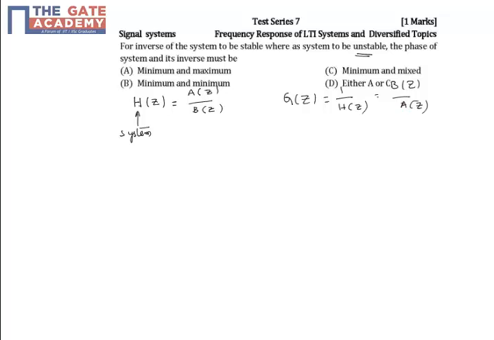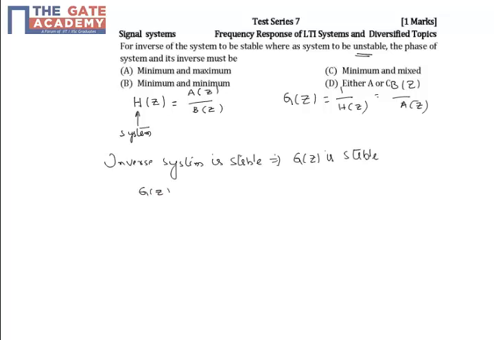So the condition that he has given is the inverse system is stable. So that means G of z is stable.